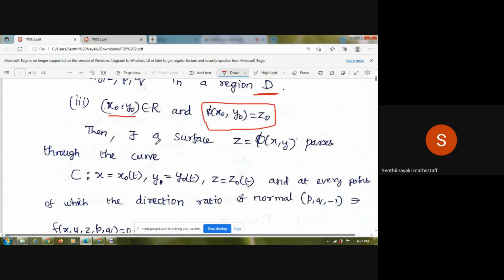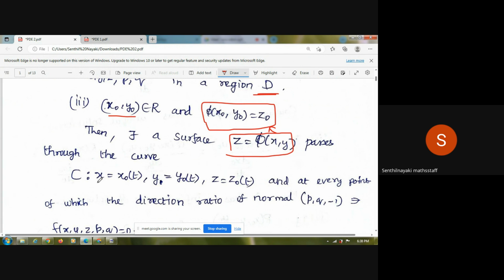So if we consider a surface z equal to pi of x comma y, this equation will be given in the question itself. So we have to take the initial value. That's why it is changed into z naught equal to pi of x naught, y naught. It should pass through the curve C from x equal to x naught of t.